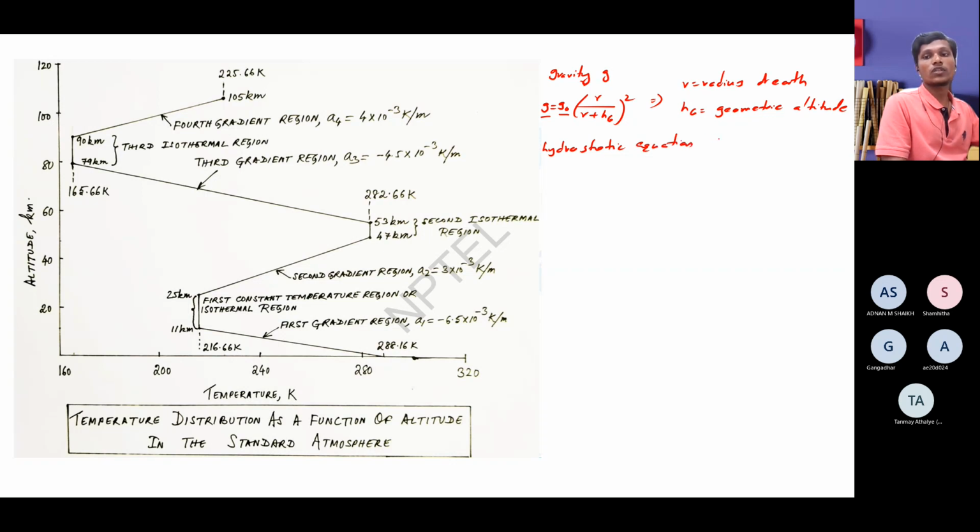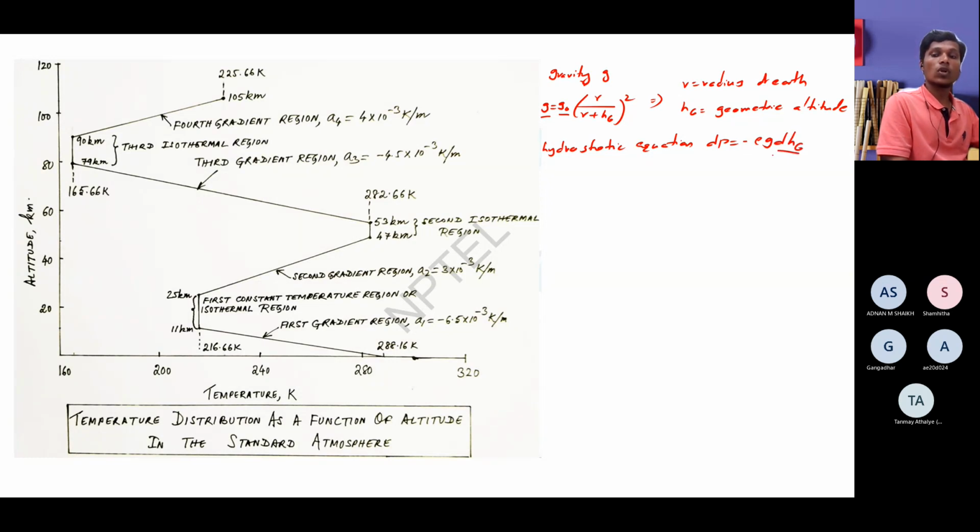This governing equation was derived by taking a small elemental volume, and from that elemental volume analysis we found that dP equals minus rho g dHg.